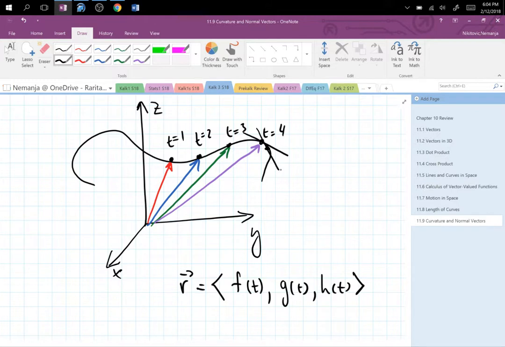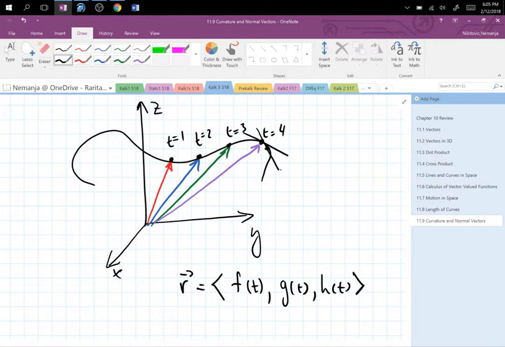So this is the way for us to quantify curvature in Calc 3, right? We are going to take a look at the neighborhood and see how much the tangent line changed. And we know how to calculate the tangent line.